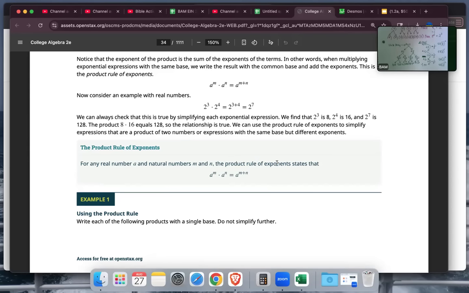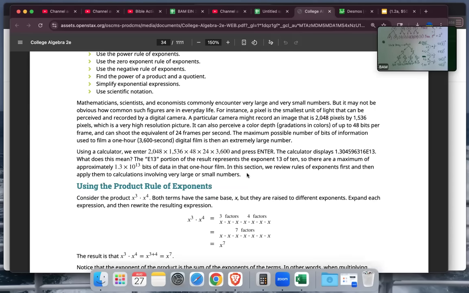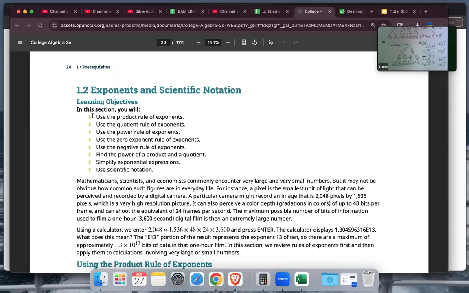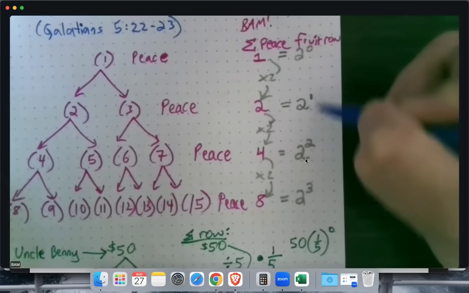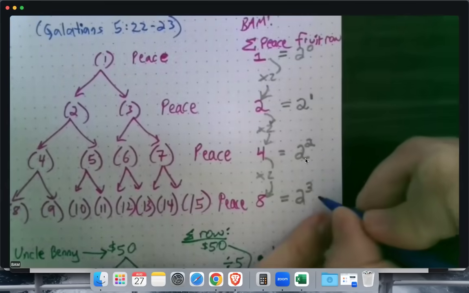The product rule of exponents states that A to the M times A to the N is A to the M plus N. And by the way, we're in 1.2 and we're going through all these objectives here. This video is for use the product rule of exponents. It's the 1.2a video.